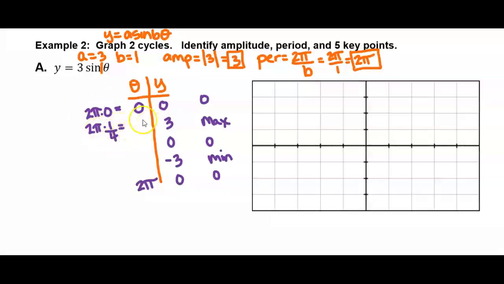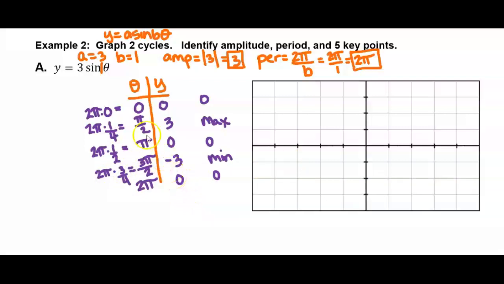So that'll be 2 pi over 4, which is half pi. Then we are going to do 2 pi times a half. So that'll be 2 pi over 2, which is just going to become pi. And then our last one is going to become 2 pi times 3/4, which is going to be 6 pi over 4, which reduces to 3/2 pi, or 1.5 pi.